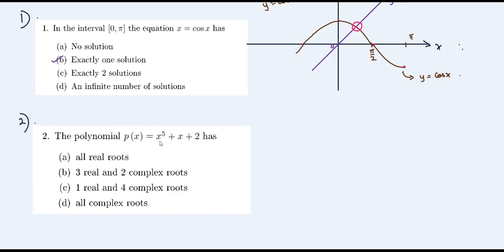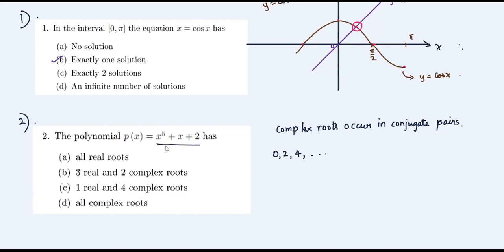The fundamental theorem of algebra says that a polynomial of nth degree will have n roots, and complex roots always occur in conjugate pairs. That means there will be either 0 complex roots or 2 complex roots or 4 complex roots, and so on.